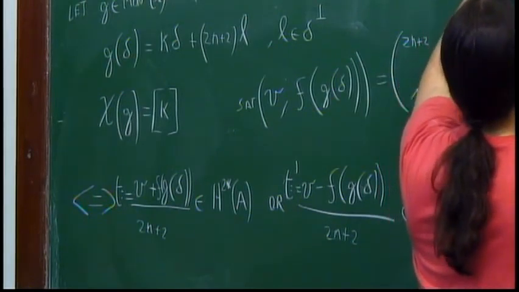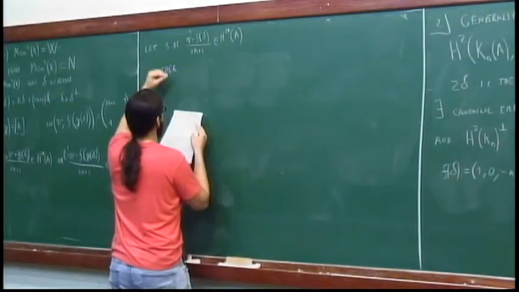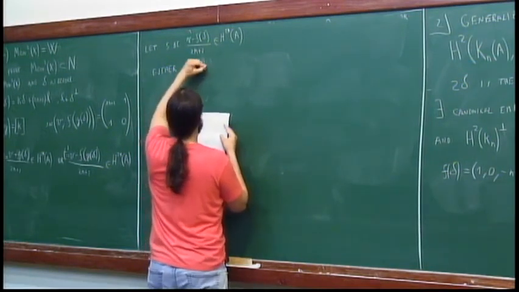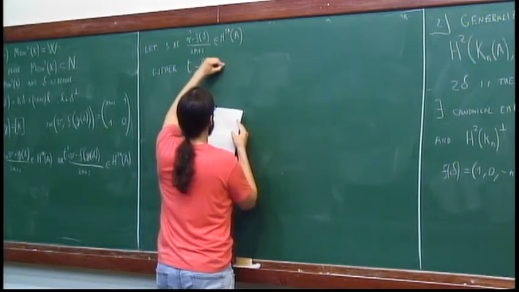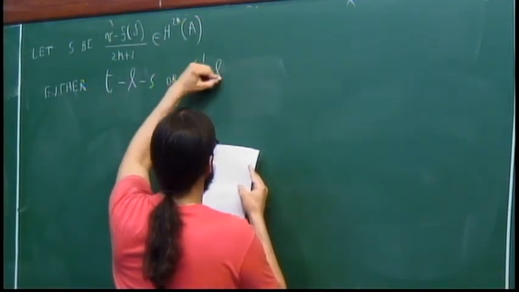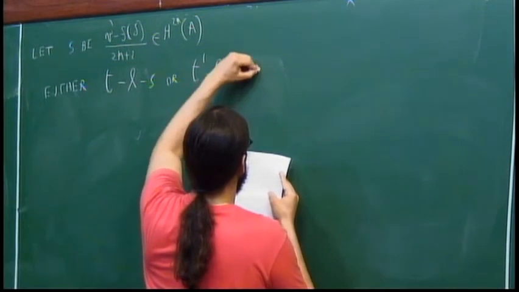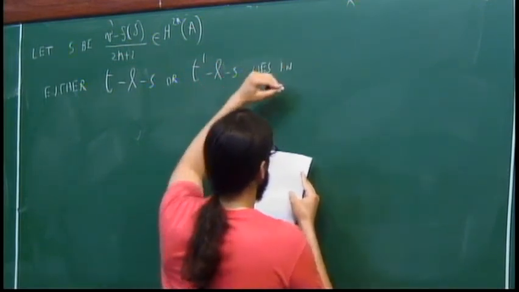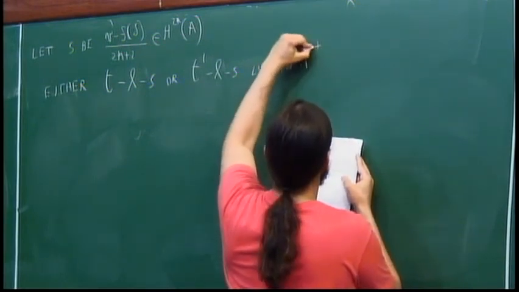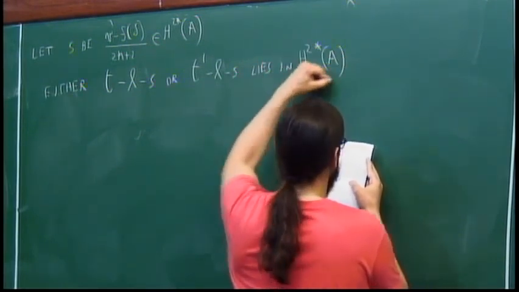So either T minus L minus S or T prime minus L minus S lies in H2 star of A.